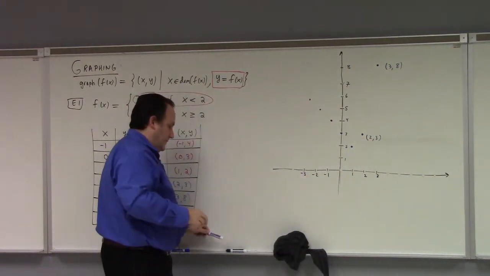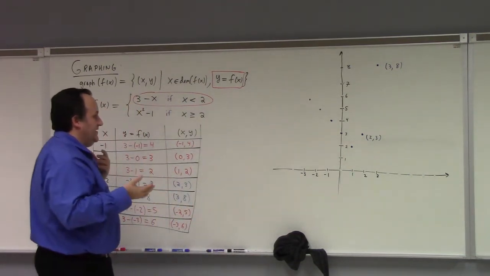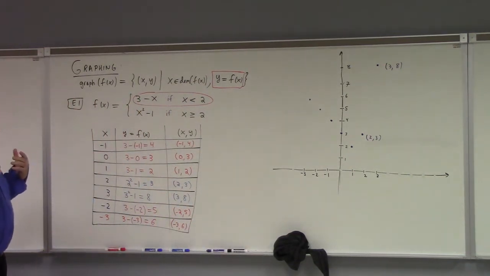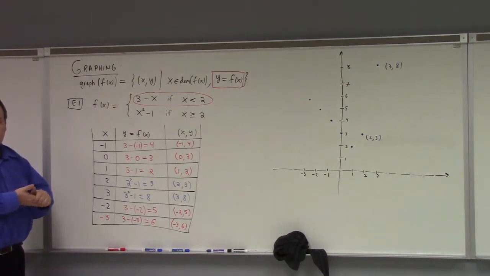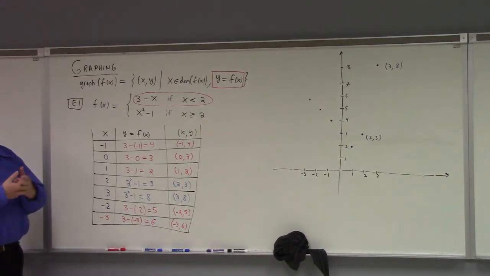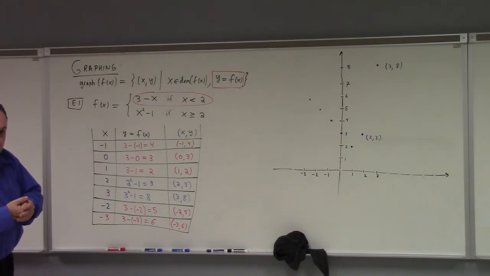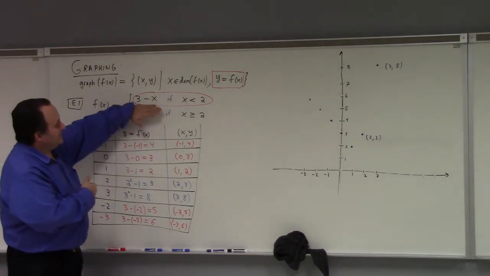And now we just have to use part of our common sense here. What are we dealing with for x less than 2? What is this graph, actually? If you have y equals 3 minus x, what are we dealing with?